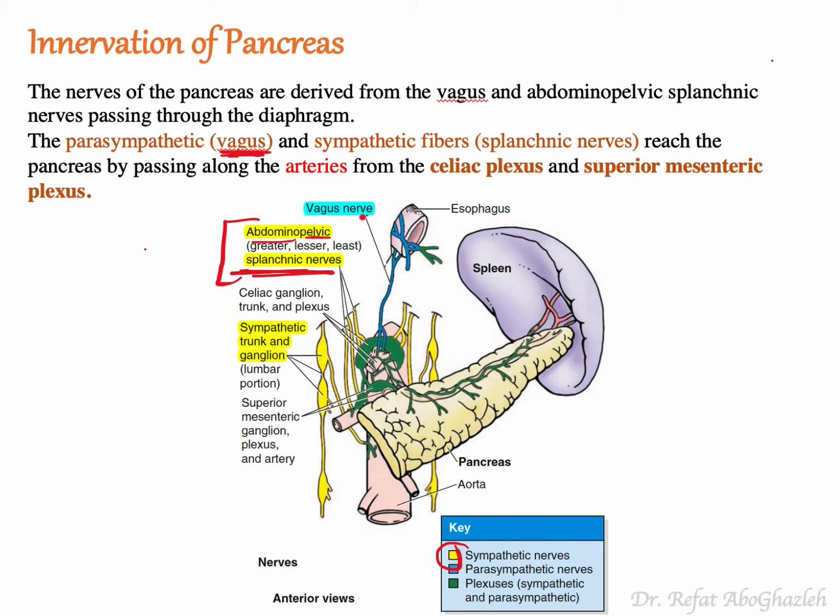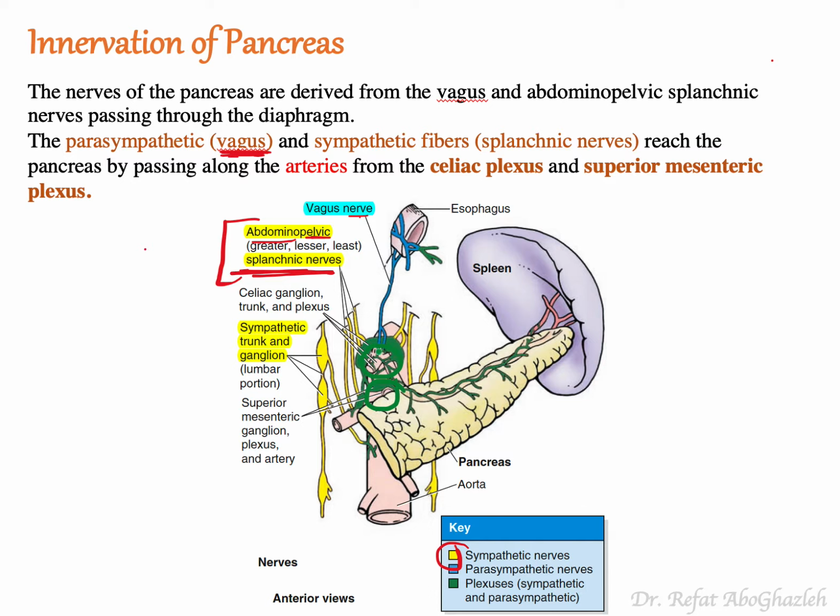So the splanchnic nerves, guys, with parasympathetic fibers from the vagus nerve, the blue color, unite with each other to form plexuses around the celiac trunk and around the superior mesenteric artery, known as the celiac and superior mesenteric nerve plexus.